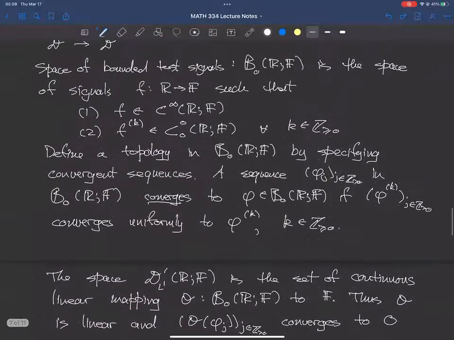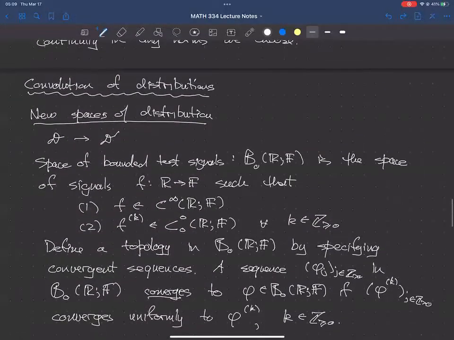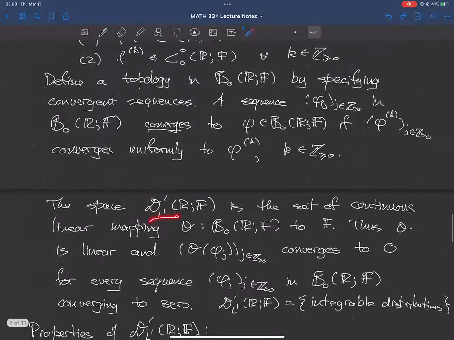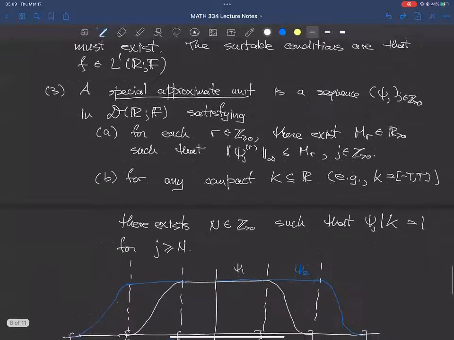Okay. So this is the distribution space D L1 prime corresponding to the test signals B0.